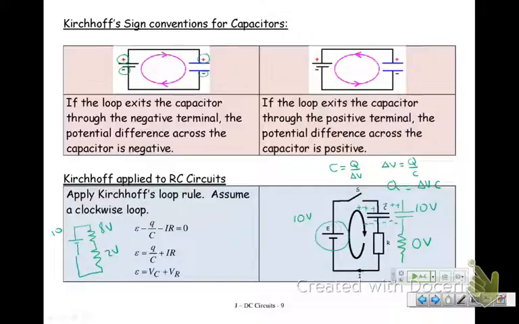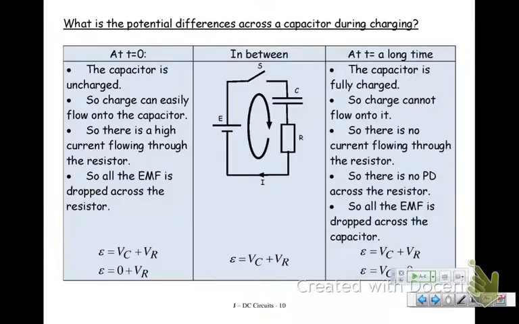Okay, so let's look a bit more mathematically. We say my EMF equals the potential difference across my capacitor plus the potential difference across the resistor, using Kirchhoff's laws. I'm just justifying what I said before.